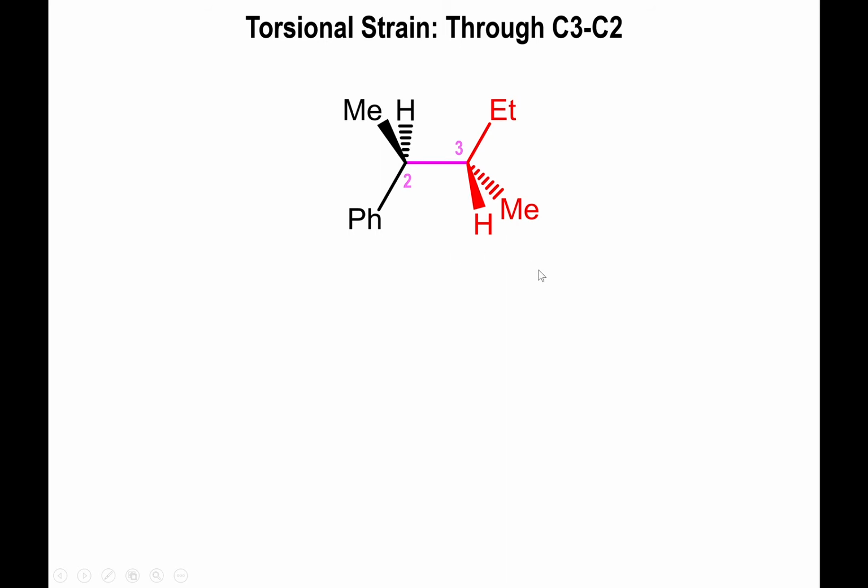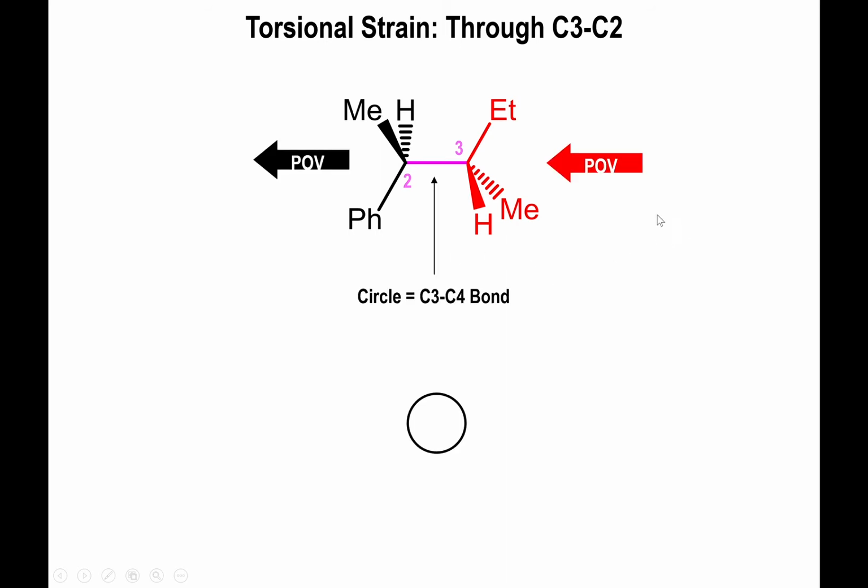All right, so now what we're going to do is look at the point of view. Once again, we're going from carbon 3 to carbon 2. Carbon 3 is going to be the front, and we have one thing above and 2 things below on the front carbon. On the back carbon, we have 2 things above and 1 thing below.